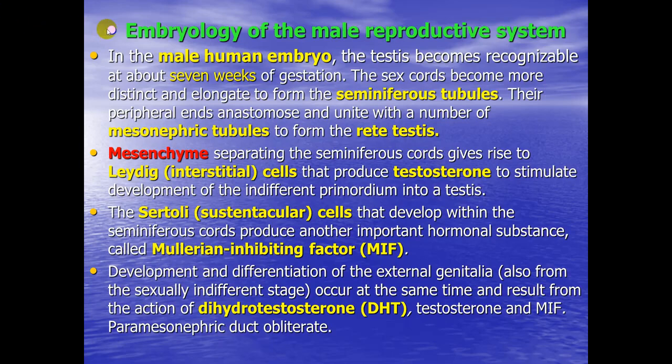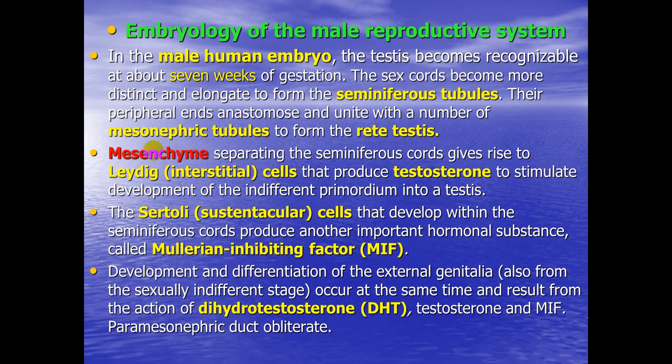And if it goes the way of the male reproductive system, the sex cords become more distinct and elongated and form the seminiferous tubules. Their peripheral ends anastomose and unite with a number of mesonephric tubules to form the rete testis.